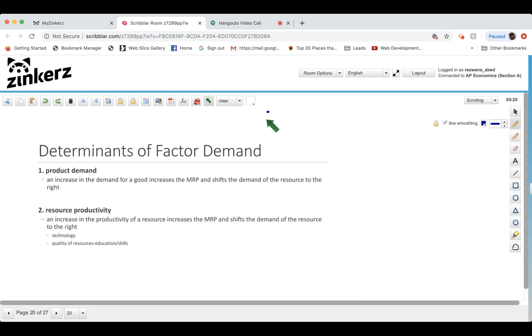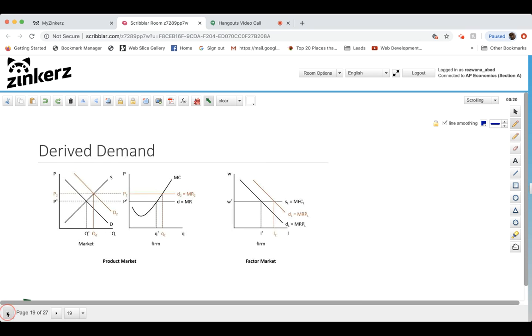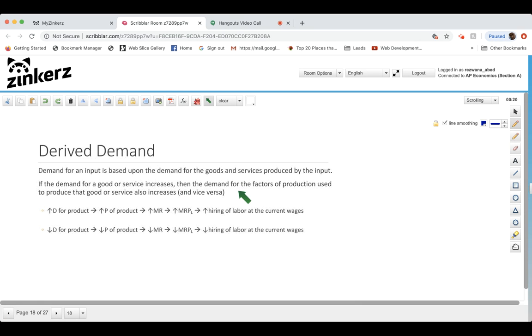Lemon candies and lemons is a good example. Derived demand is the same thing as the product demand. So this is the number one, when we discuss the determinants.